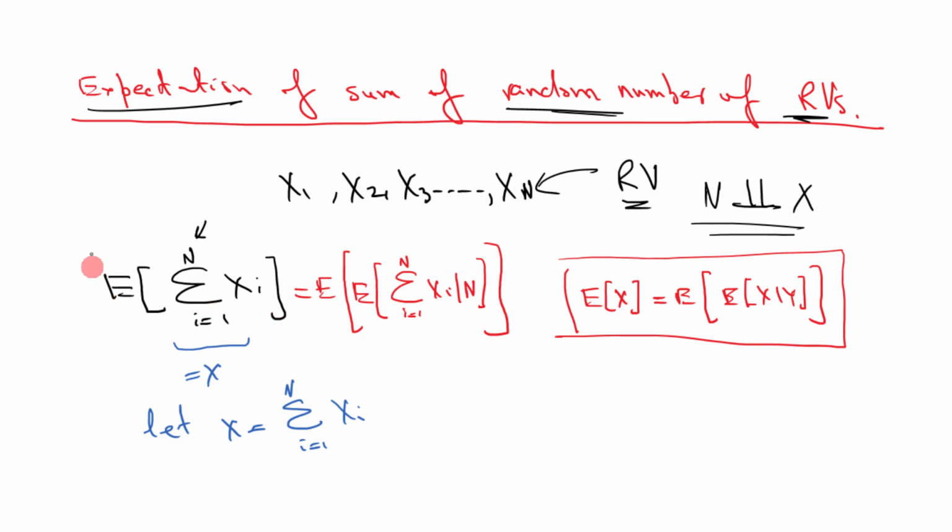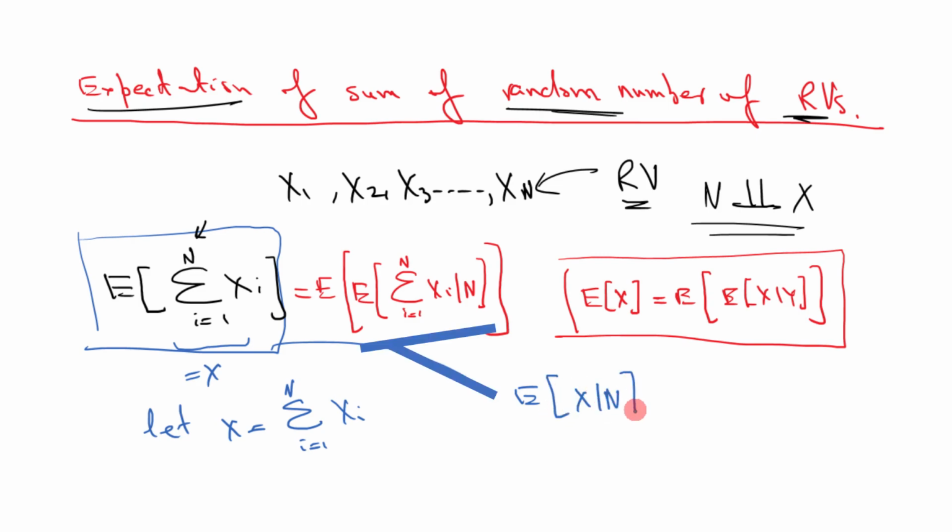So this will be equal to expected value of x given n, but because x and n are independent, this will be equal to expected value of x, because if n and x are independent then this condition will disappear.